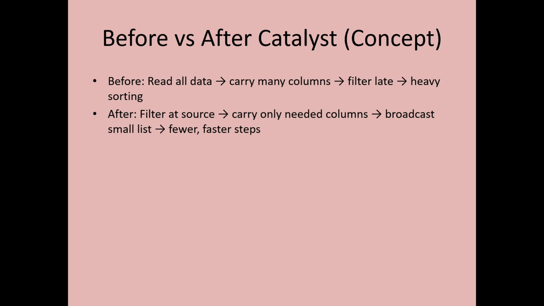If you wrote an instruction to do the filter, only then would it filter. Then heavy sorting, this type of process was happening previously. But when we got the Catalyst optimization, it filters the data at the source itself. I mean, whichever data is required, it carries only the needed columns, broadcasts small lists, fewer faster steps.